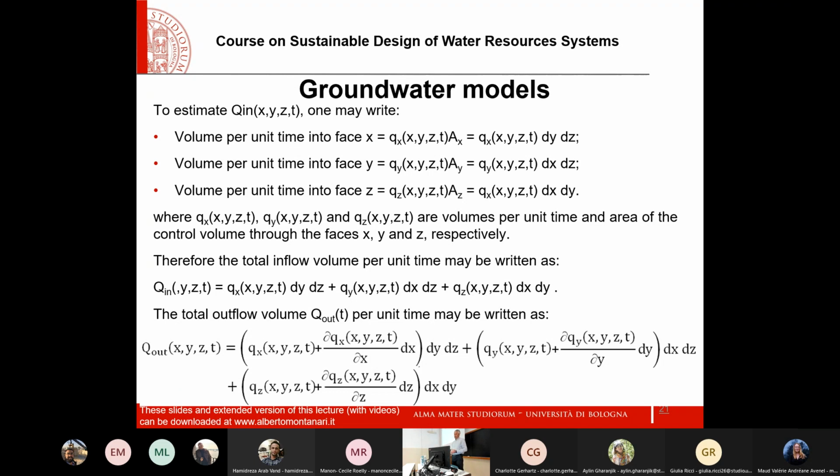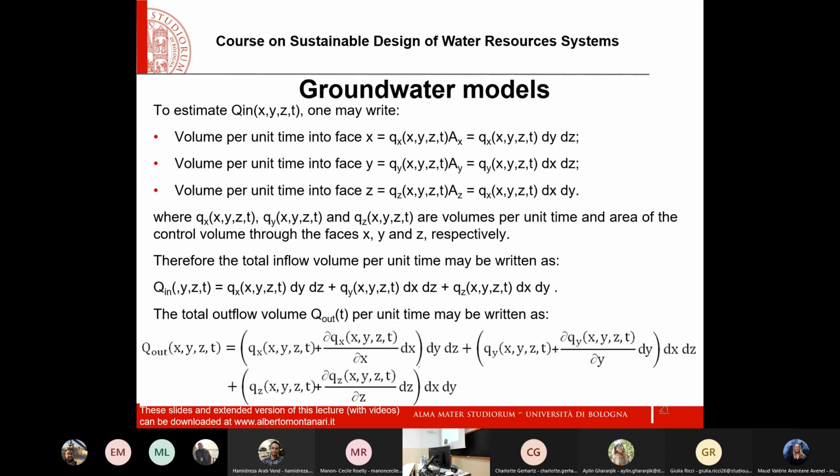So now I can compute the total inflow volume, Q in. Look at the line that is close to the bottom, Q in X, Y, Z, T. There is a X missing here, sorry, I didn't notice that before. But Q in, uppercase Q in, is given by what?